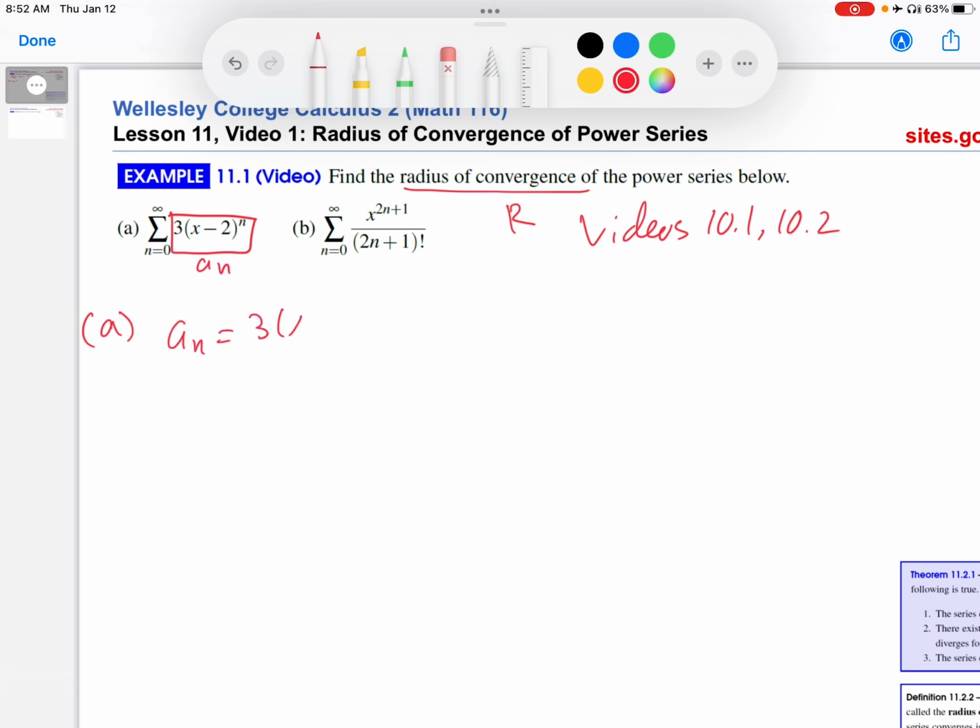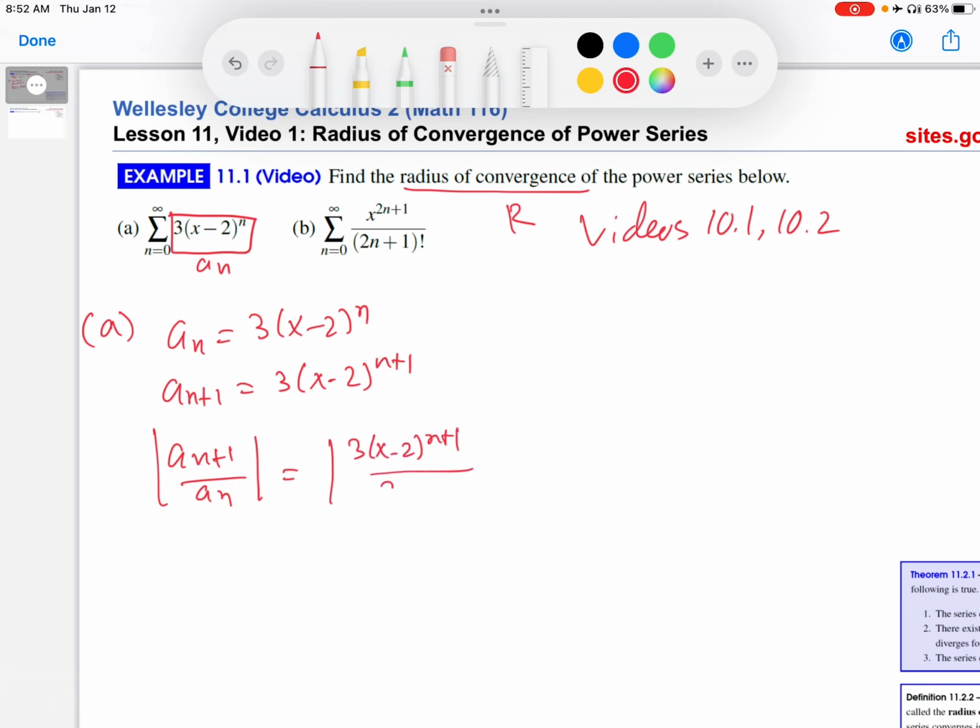And then we need a sub n plus 1, the next term. You just plug in n plus 1 into that expression. Then we need the ratio and the absolute value of that. So here we are doing this, n plus 1 over 3 times x minus 2 to the n.